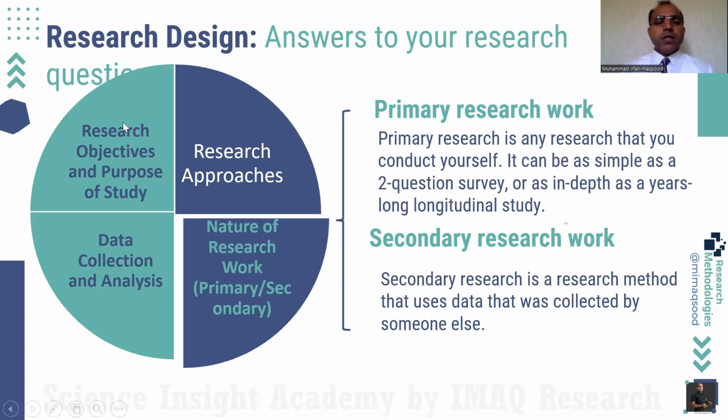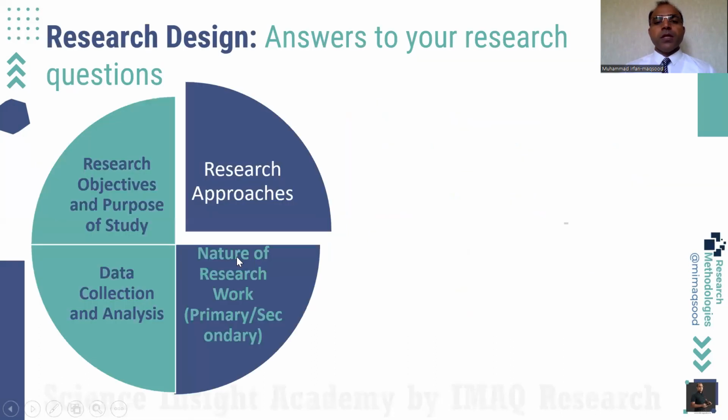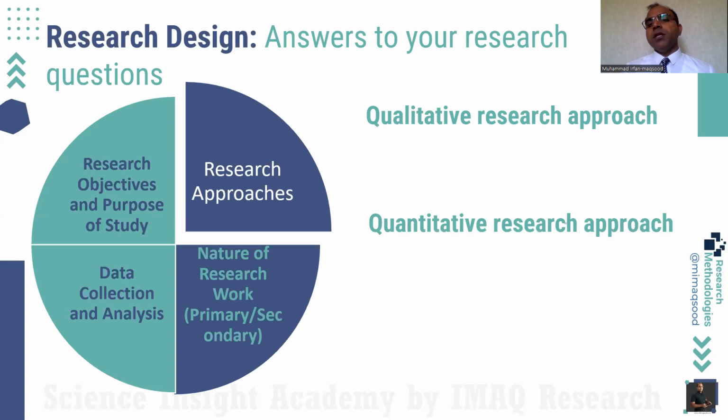So when you define the research objectives and purpose of your study, and you justify it with a very good literature review, and you have analyzed which kind of research you are going to do, primary or secondary research work, then the important section is what kind of approach you are following. Either your research is qualitative or quantitative.